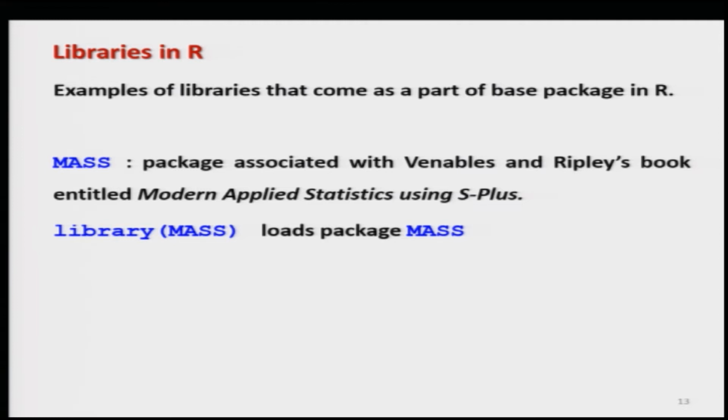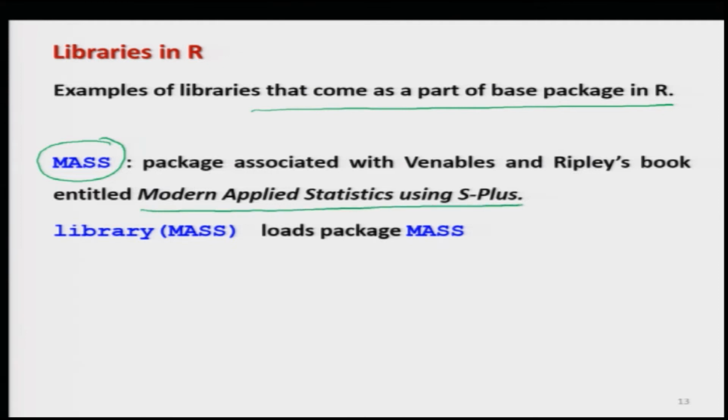There are some libraries which come as part of the base package in R. For example, there is one popular library, MASS, capital M, capital A, capital S, capital S, which is a package associated with the book Modern Applied Statistics with S-PLUS. So M, A, S, S.